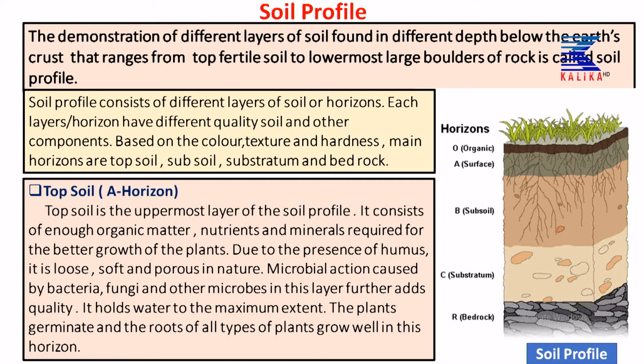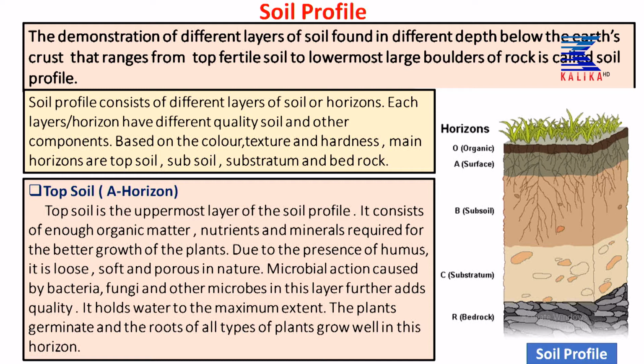You can see the picture aside. Horizons: organic horizon means O horizon, A horizon means topsoil, B horizon means subsoil, C horizon means substratum, and R horizon is bedrock, where large sized rocks are present.